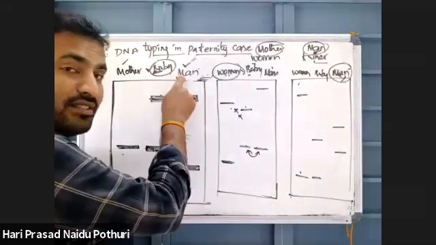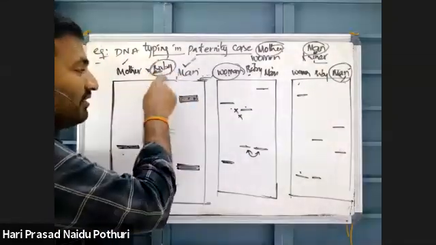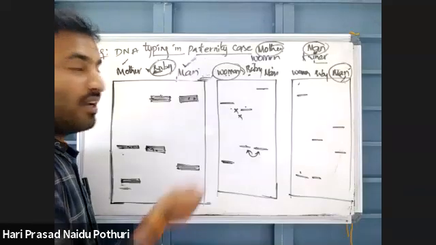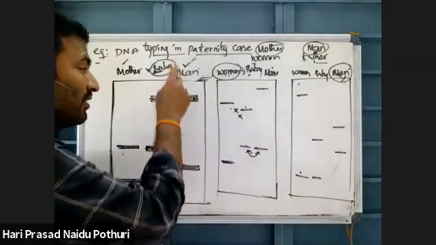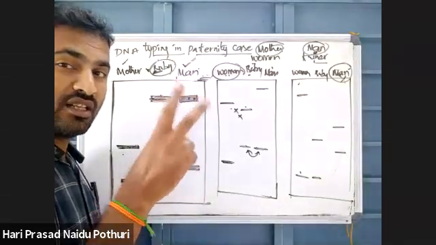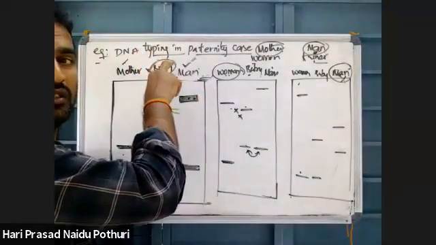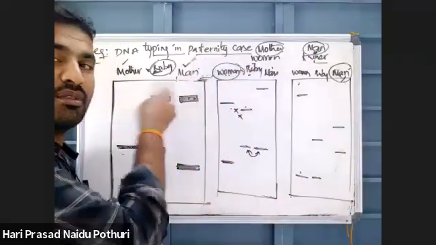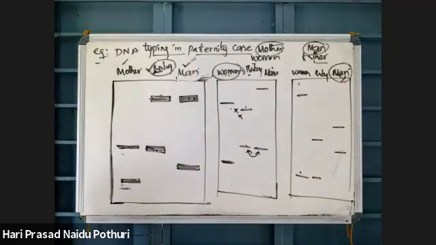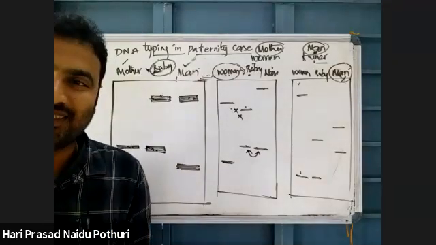If the man has a homozygous twin, then DNA fingerprint says any of the two brothers, homozygous twins, one person is accused, another person is not accused, means any of the twins can be the father. Any, not both.